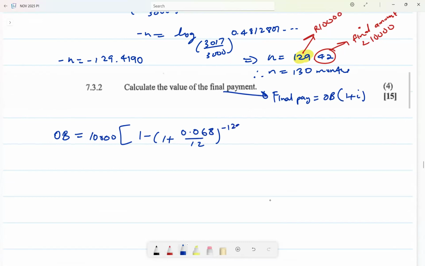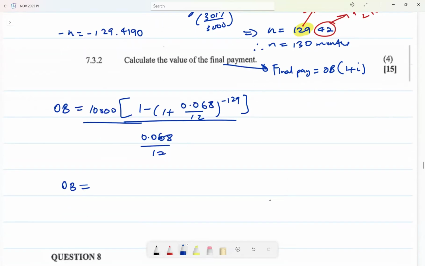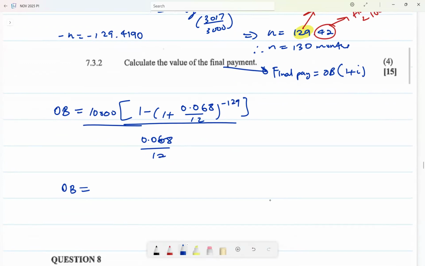So to the power of negative 129, all divided by 0.068 divided by 12. Close bracket, and then divided by my interest 0.068 divided by 12.